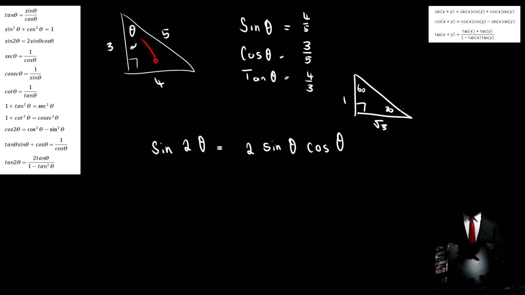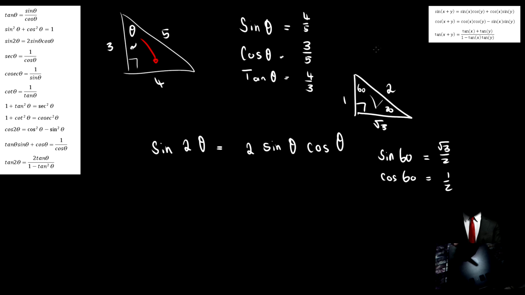Across from 30 is 1, and my hypotenuse is 2. So what I'm going to do here is I'm going to select the sine of 60 and the cosine of 60. Okay. So sine of 60 is my opposite over my hypotenuse, which is square root 3 over 2. And cosine 60 is adjacent over hypotenuse, which is 1 over 2.